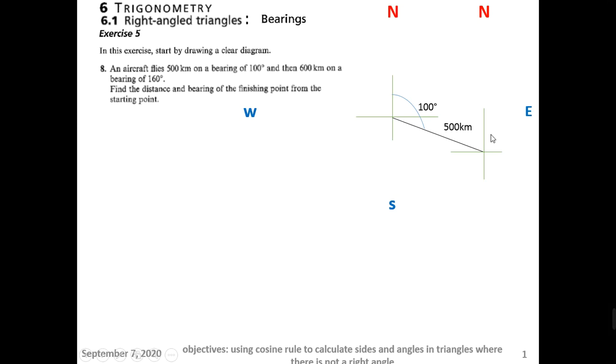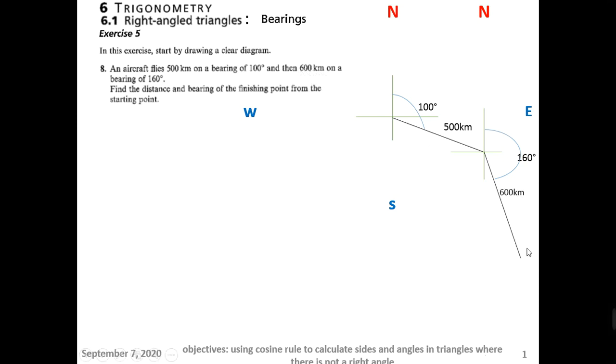And I know this is 90, this is 90, so all this is 180. And what I really want is the 160, so it's going to be somewhere here, or you can just measure it. So this is my 160. I know the direction of that line, that's going to be 600 kilometers long.